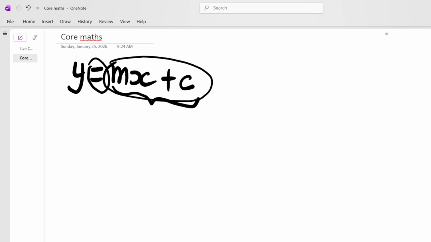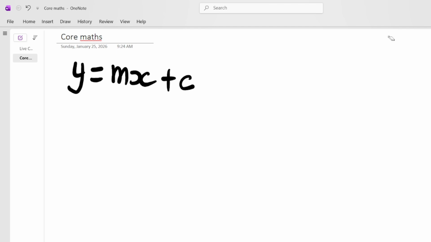All right, so now let's start with the simplest ones, right? So we have y is equal to mx plus c. Then let's try to make m the subject. So the rule is that you need to focus on the term that you want to make the subject.